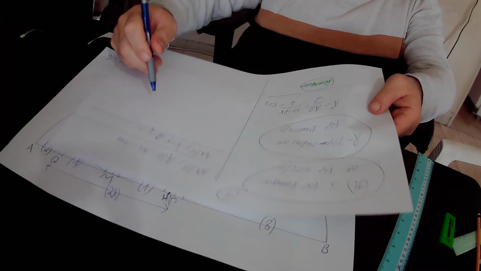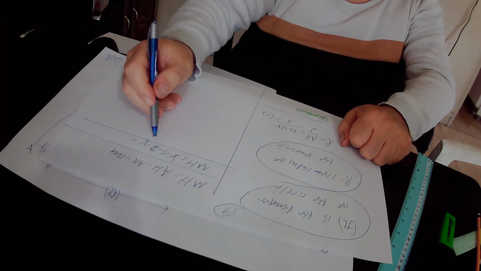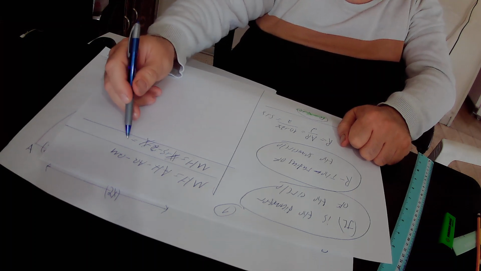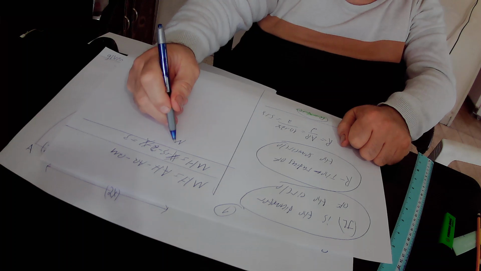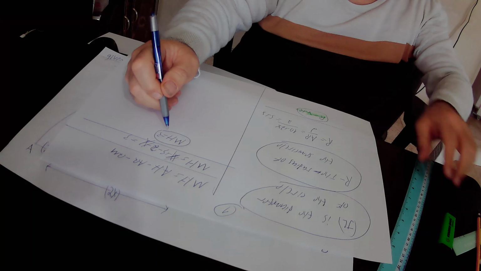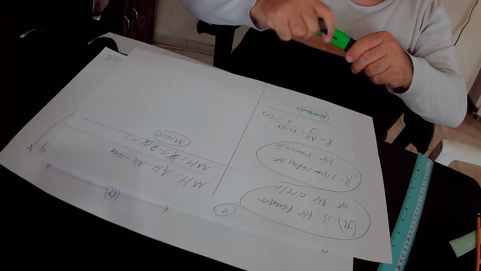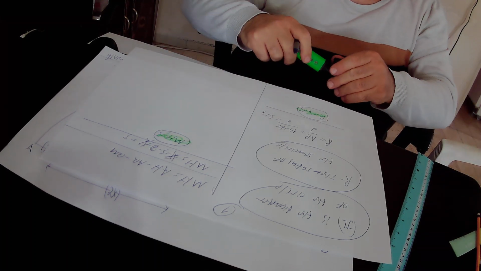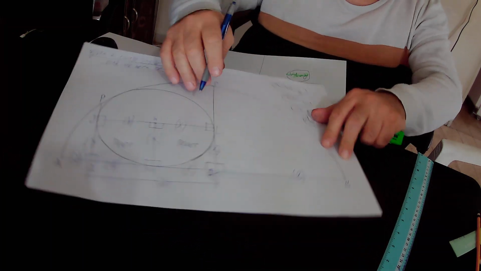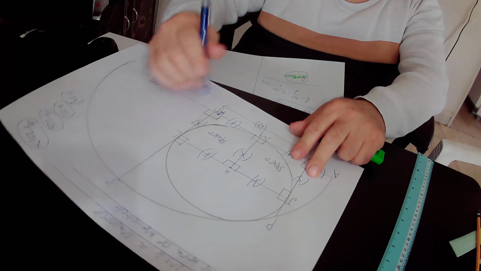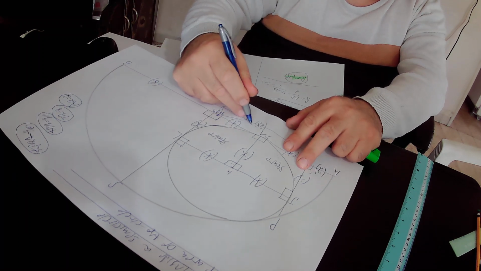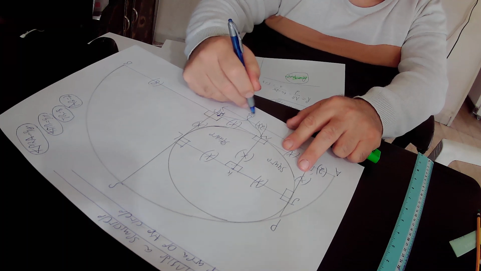So in total, MH equals x minus x, which is 0, and 5 minus 2 is 3. So MH equals 3 units in its length.